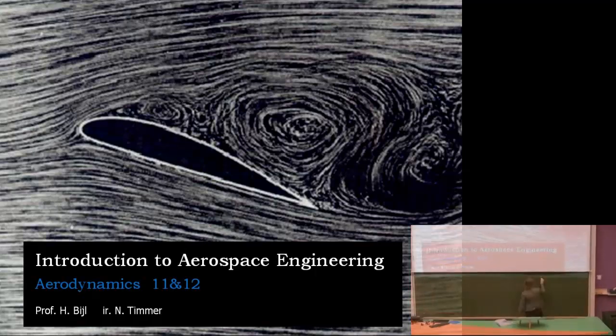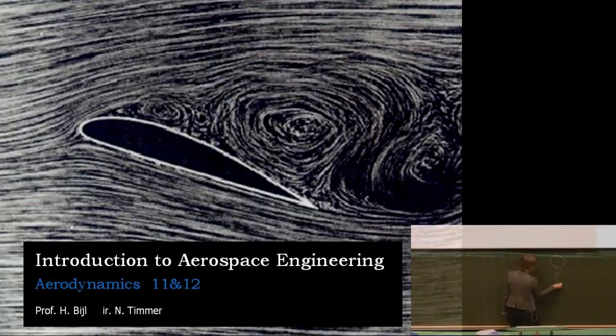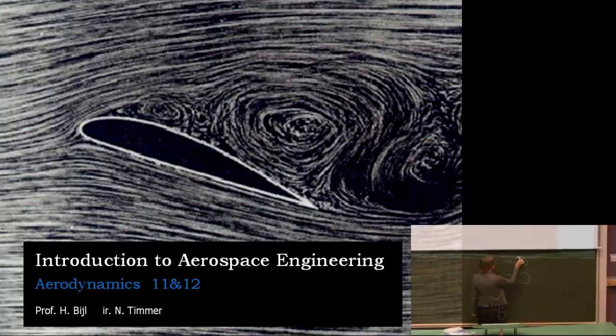So Nando explained a smooth ball and a dimpled ball like a golf ball in a certain flow. Here you have laminar flow and you get, for example, a separation here. What happens then compared to this? You get here turbulent flow.